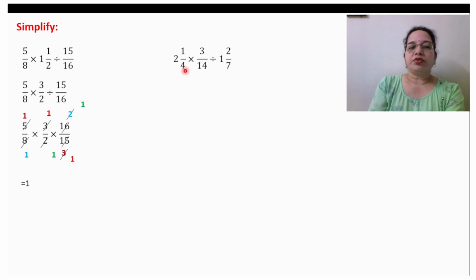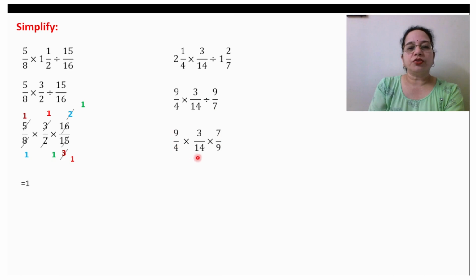Again a mixed fraction is there, so first step, convert into improper fraction. Again here we will solve the division part first according to the BODMAS rule. So this division we will convert into multiplication, and the reciprocal of 9 upon 7 will be 7 upon 9. Now the question is from multiplication of fraction, convert into simplest form, cut the numbers. 9 and 9 is divisible.